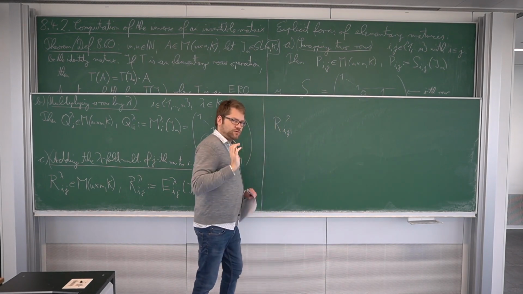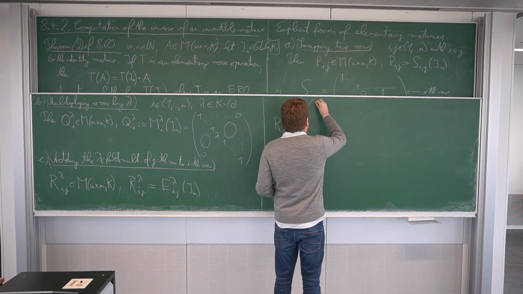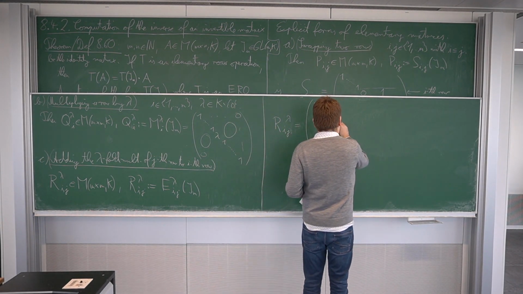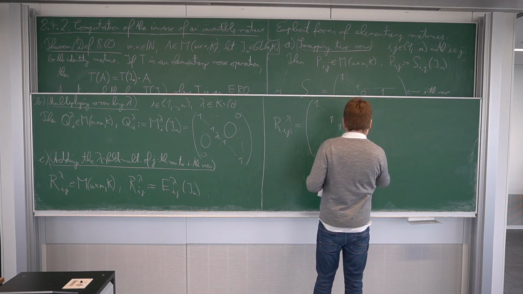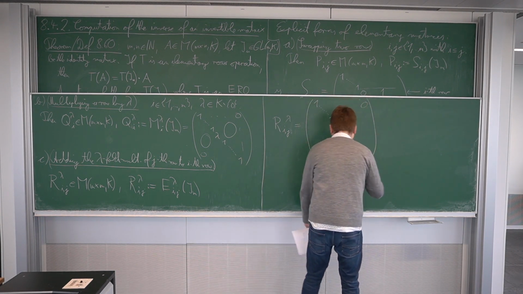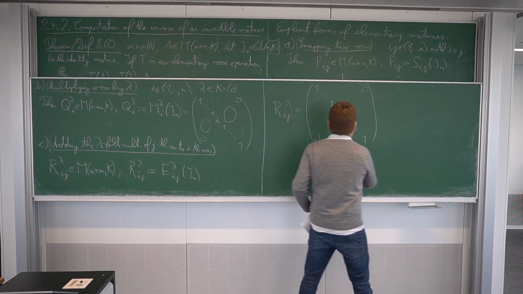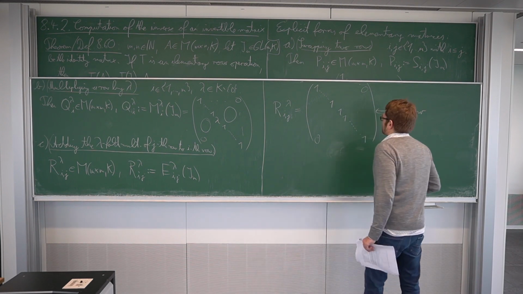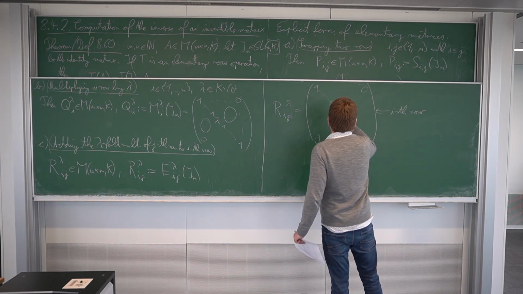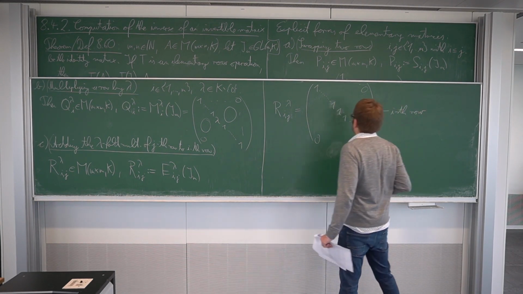So take this matrix, we have 1, 1, 1, so there's a j, here's the ith row, like this, 1, 1, okay, maybe like this.